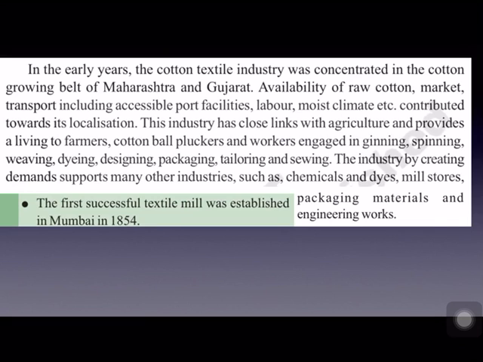They are located in the Deccan Plateau region. Some part of Gujarat and a large part of Maharashtra have black cotton soils, which are suitable for growing cotton. So raw cotton is available, and good markets are available within the country and also from outside the country.